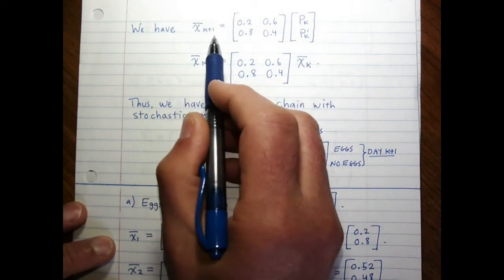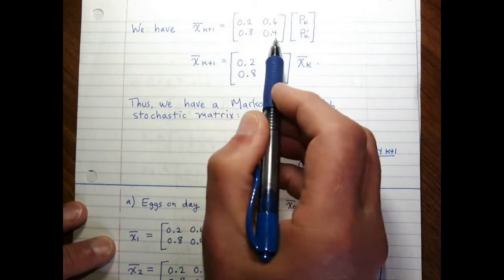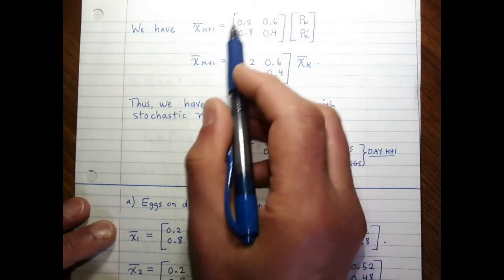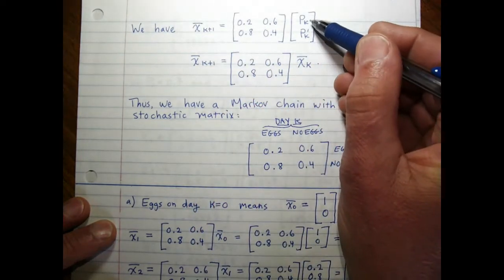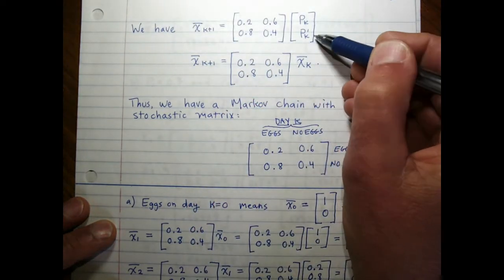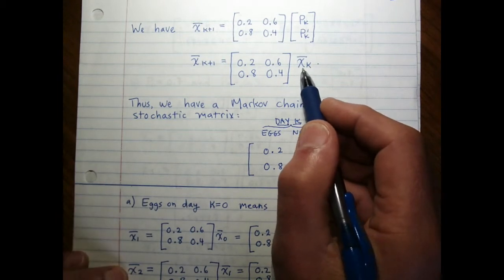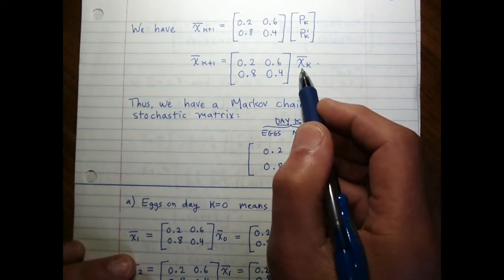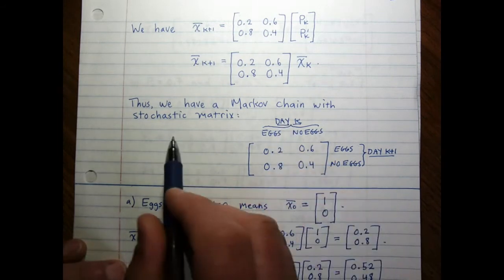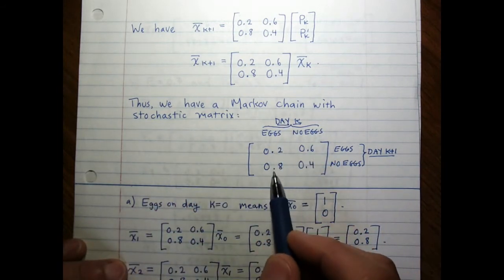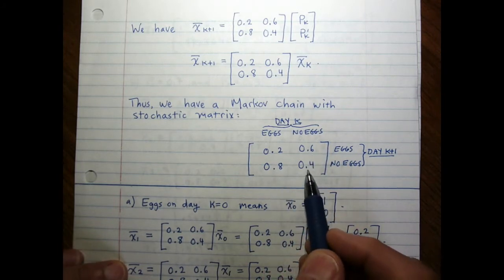So x sub k plus 1 is this matrix of probabilities that just happens to be a stochastic matrix times this column vector, x sub k. So this situation of eggs for breakfast is a Markov chain with stochastic matrix with these entries, 0.2, 0.8, 0.6, 0.4.